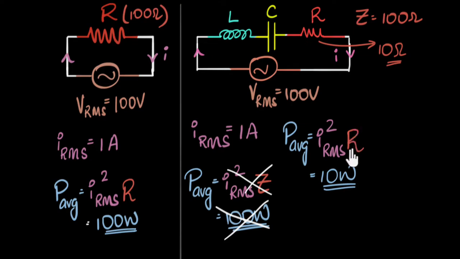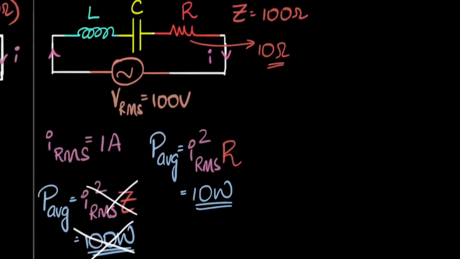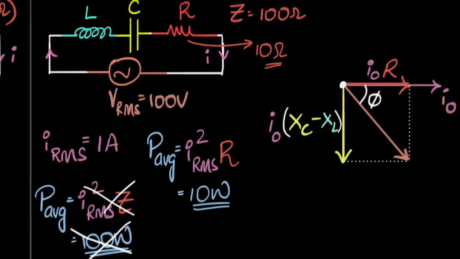Okay? And I want you to again give it a shot. How can you write the power dissipated in this circuit, not in terms of R, but in terms of Z? How do you bring Z into the picture? Well, I can help you a little bit. We can bring back the phasor diagram that we have seen before. Just to quickly remind you, I0 represents the current, then the voltage across the resistor, which is I0 times R, is in phase.